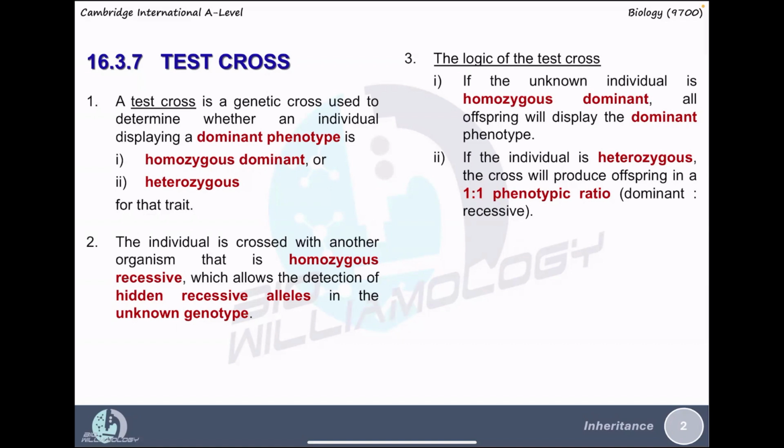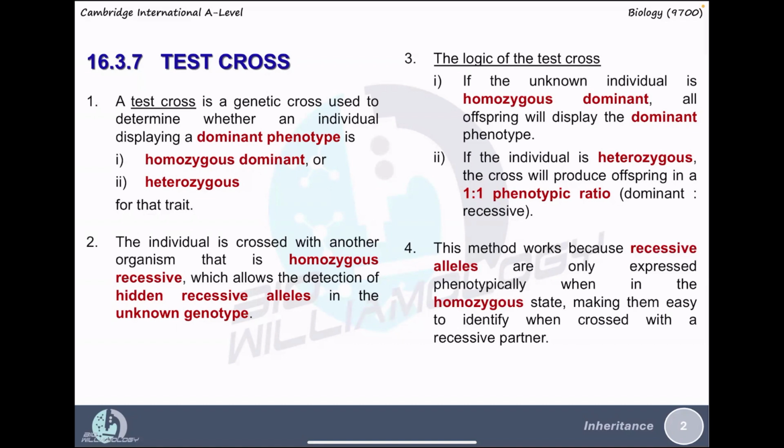Why? A heterozygous individual has both types of allele, and when these two alleles cross with the homozygous recessive, it will produce a 1-to-1 phenotypic ratio.